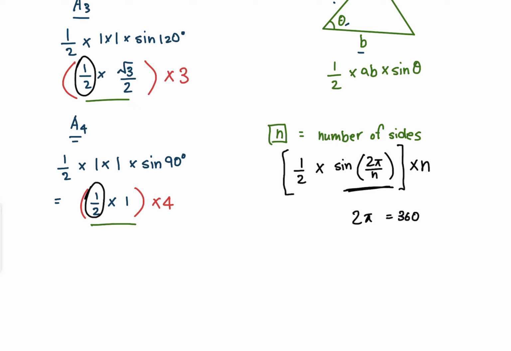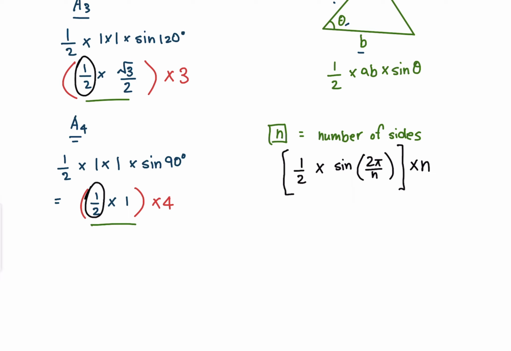So that would give us 2 pi divided by n to find the angle times n, because that's the number of triangles in that polygon. So now what we need to do is find the approaching limit. So what is the approaching limit? For n going to infinity, we can go ahead and put down the value of n as infinity.